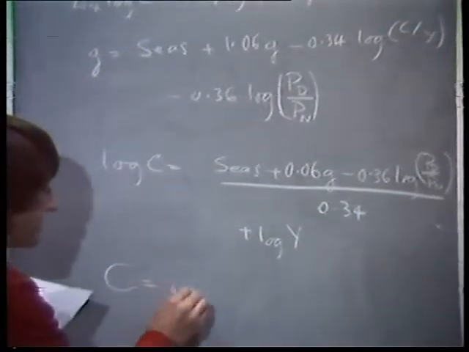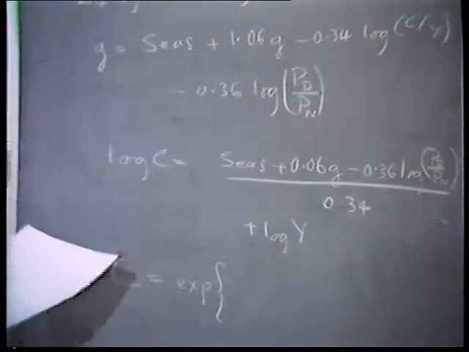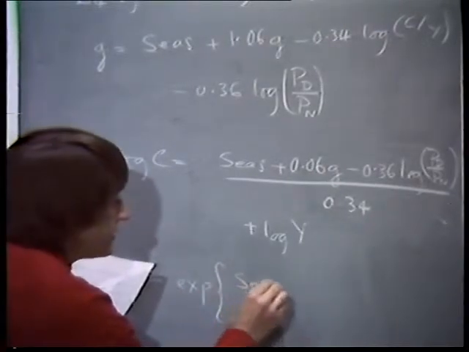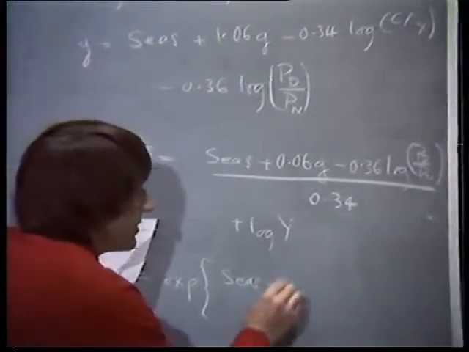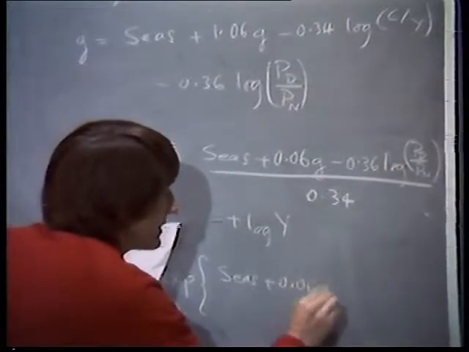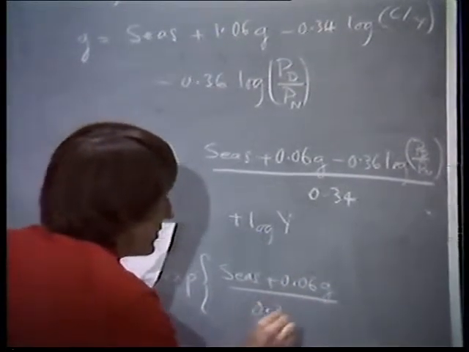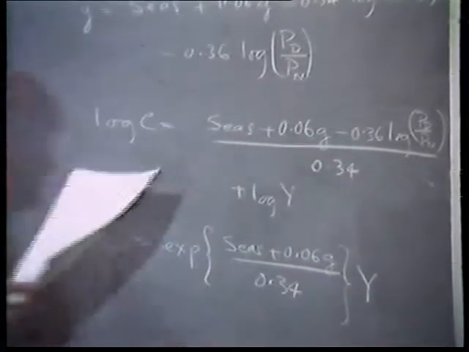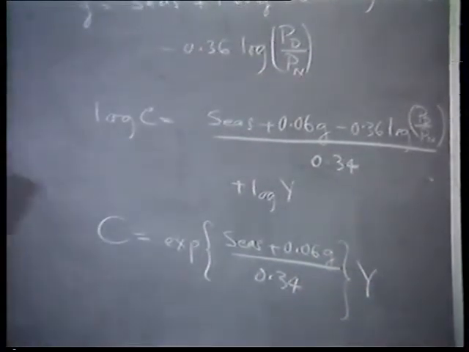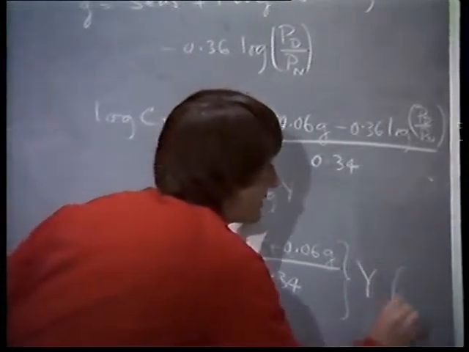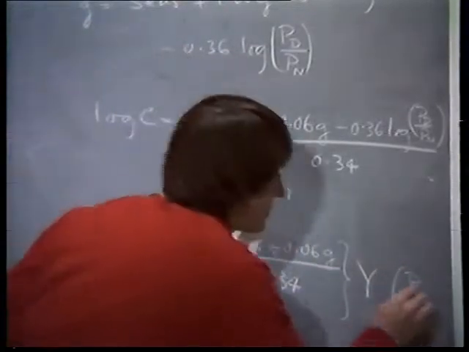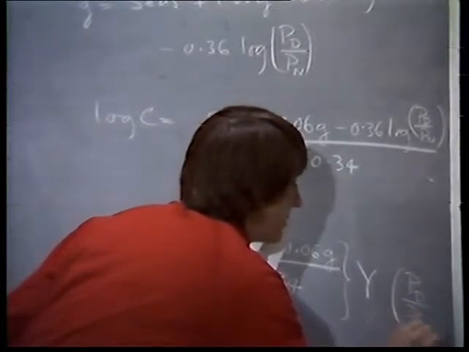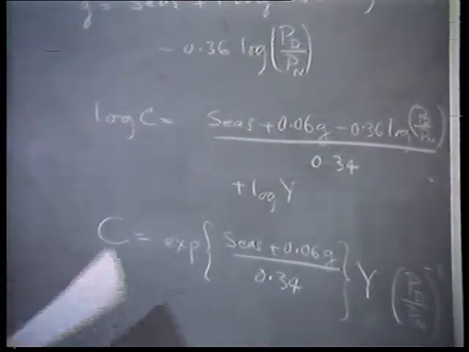Consumption is the exponential of the seasonal terms plus 0.06 g on 0.34 into the income variable, and PD upon Pn to the minus 1.